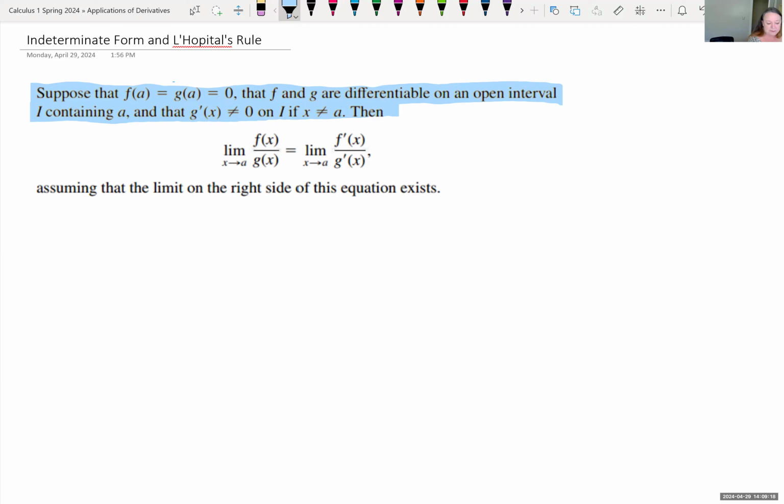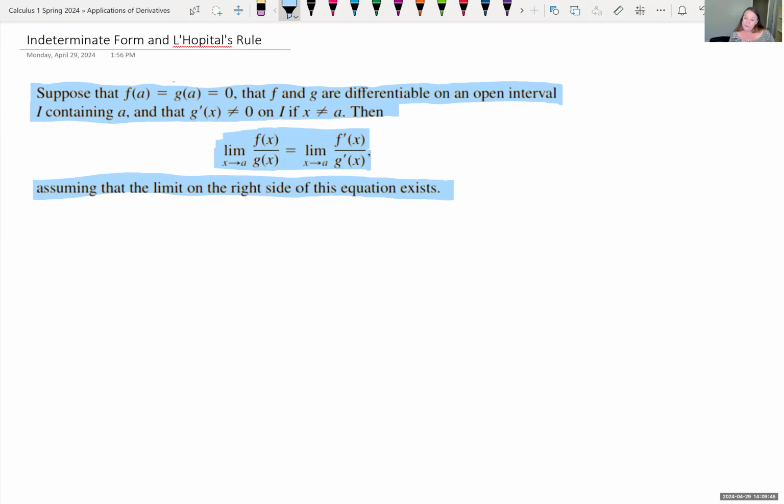Then we know that the limit as x approaches a of f of x over g of x is the same thing as if we took the derivative of our numerator all over the derivative of our denominator, assuming that the limit on the right-hand side of this equation exists.